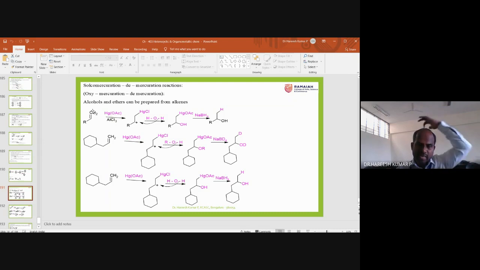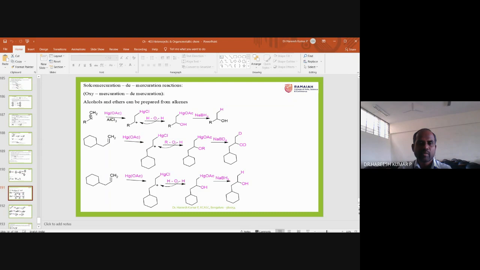One acetoxy group is going out and this bond pair is attacking this Hg. So that is how Hg acetoxy is obtained. This is not Cl, this is acetoxy.